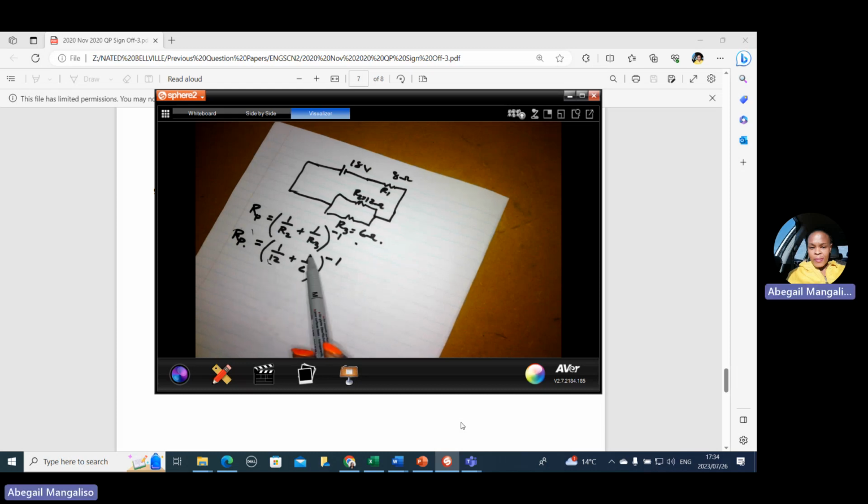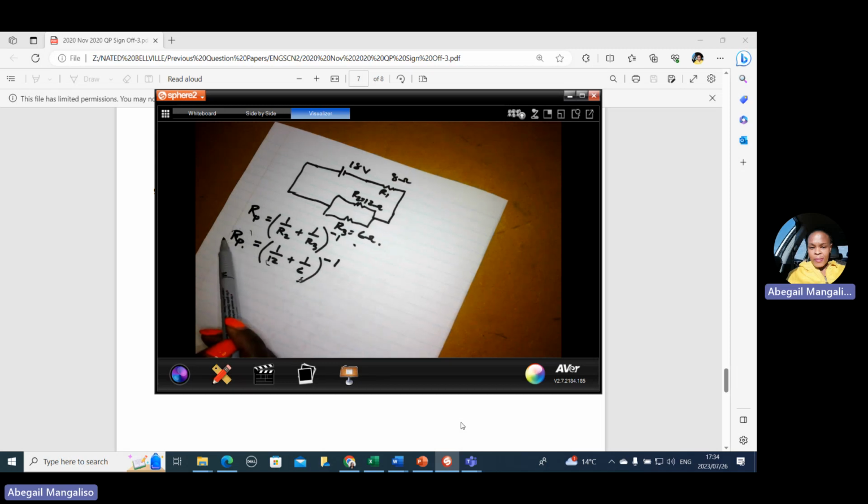The unknown would be 1 over R3 if it's unknown. Then to remove the inverse, you do the inverse of this exponent and take it to this side and solve for the unknown. The answer of these parallel resistors will be 4 ohms.